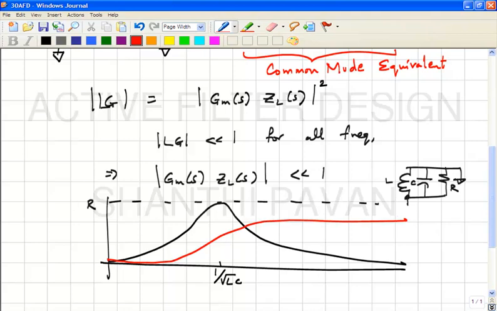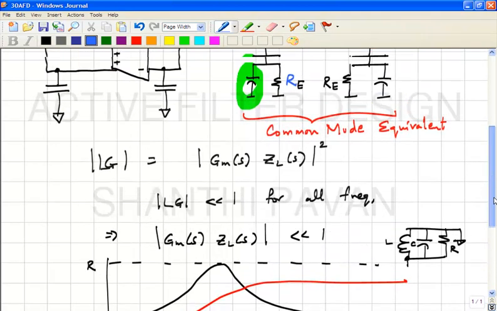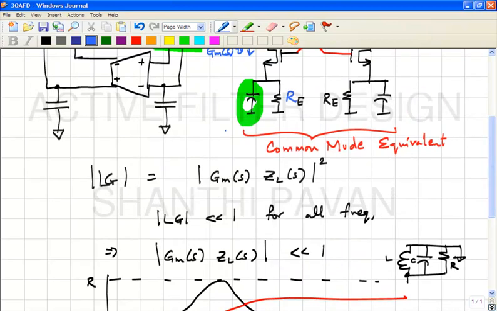You understand? Okay. In fact, there is no reason why the high slope region should coincide with omega naught. You understand? It qualitatively looks like this. See, at DC it is 0, that's clear.